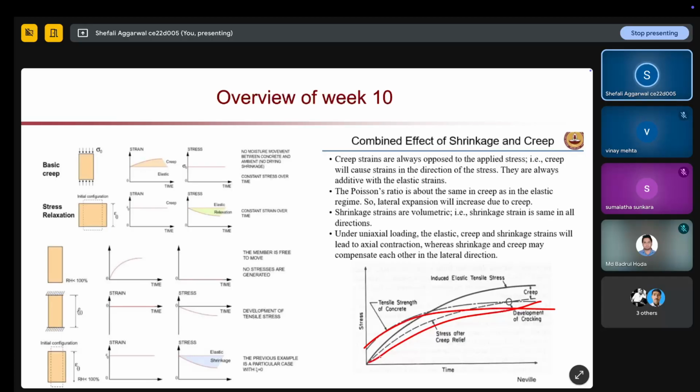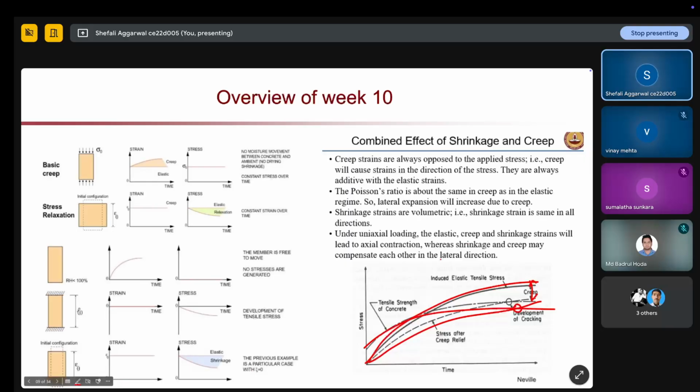When your stress after creep relief intersects with the tensile strength of concrete, at that point there is a chance of crack development. This shows the elastic tensile stress value of the general stress versus time graph, and the difference between these two points will give you the change in creep value.